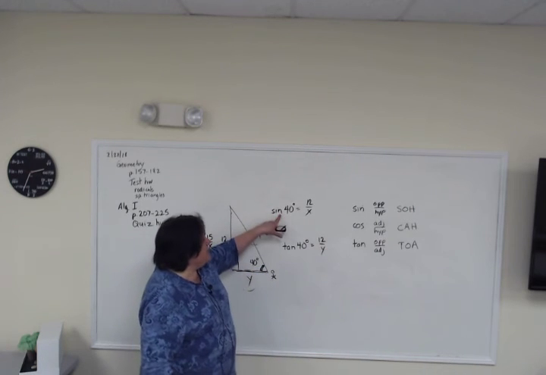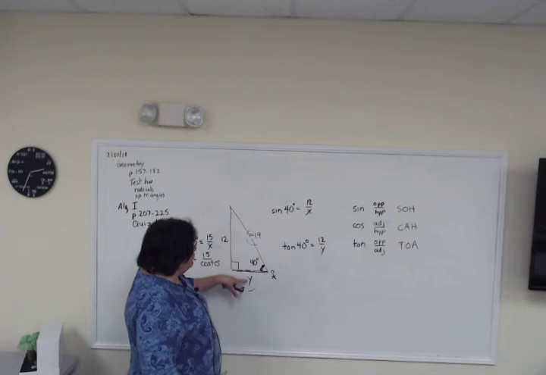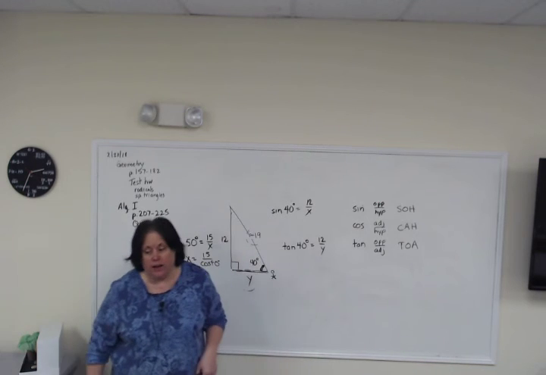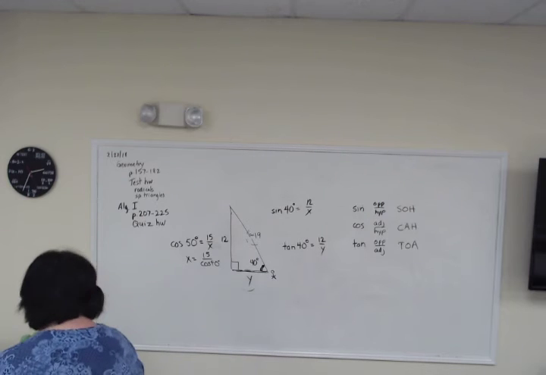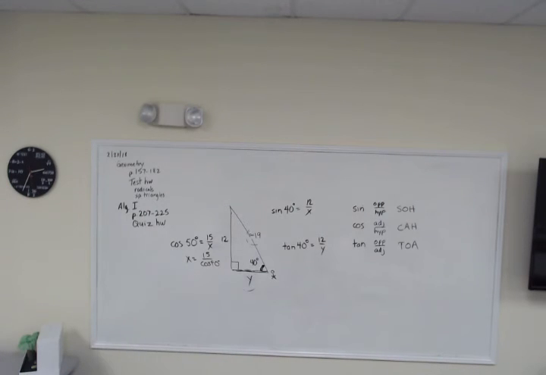Instead of sine of 40, I'm going to use tangent of 40 because I want the adjacent side, right? What'd you get? 14. Did everybody get 14?